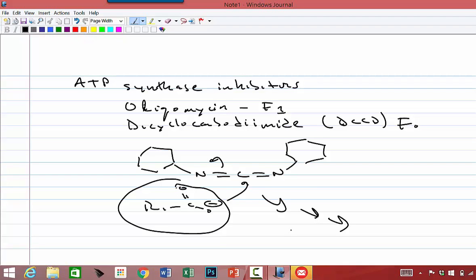So this will block rotation of the gamma subunit. Okay, so these are ATP synthase inhibitors. There's another inhibitor called uncouplers.